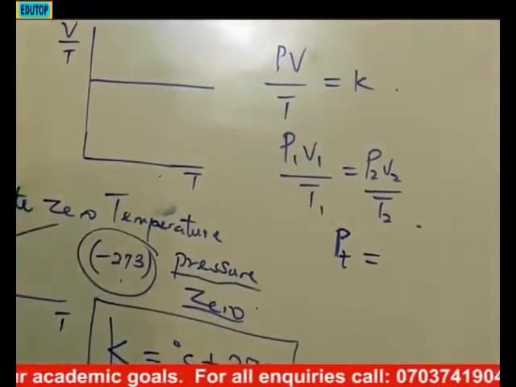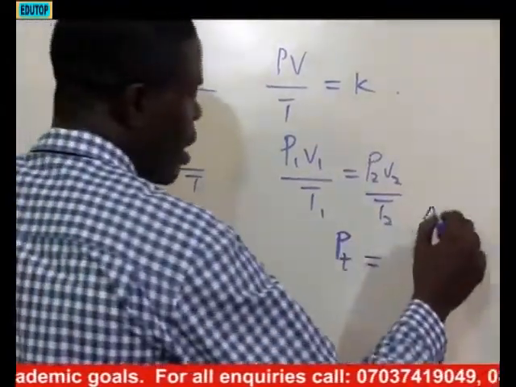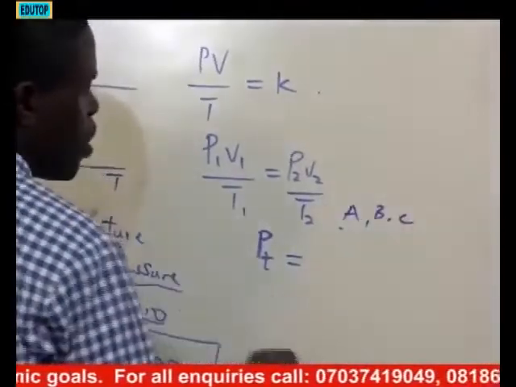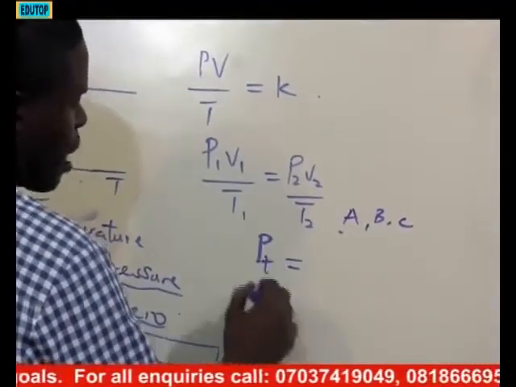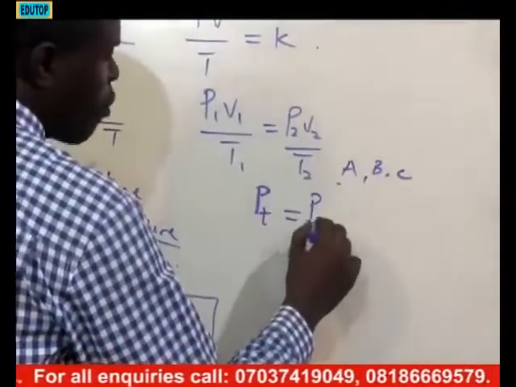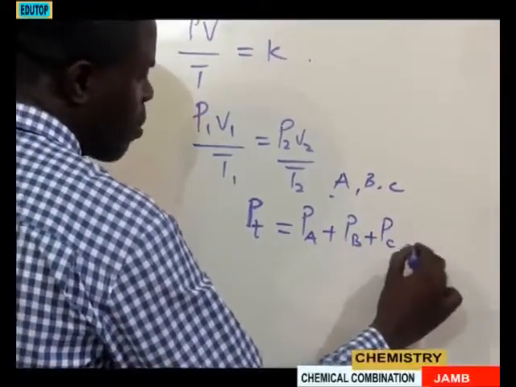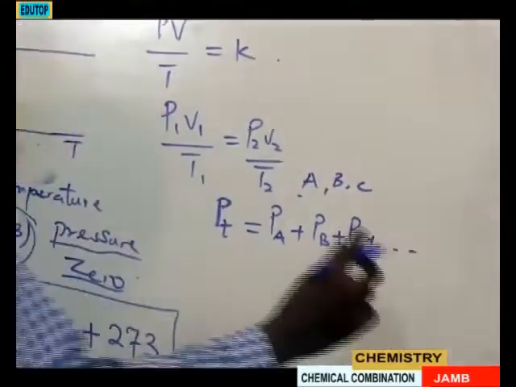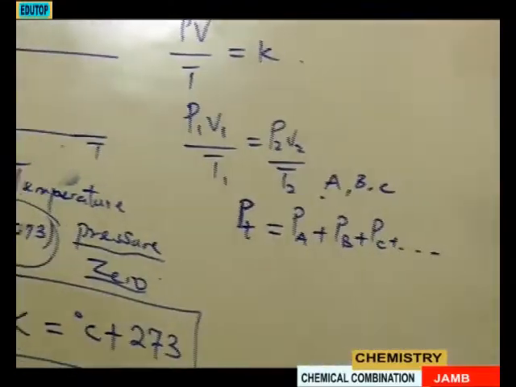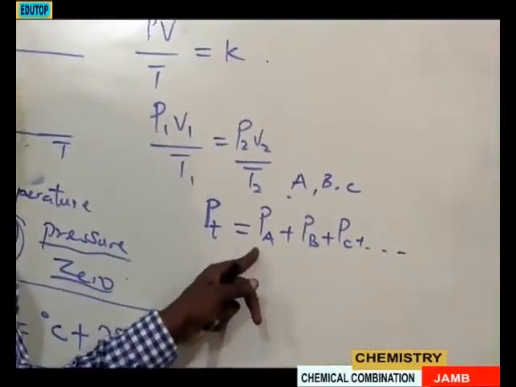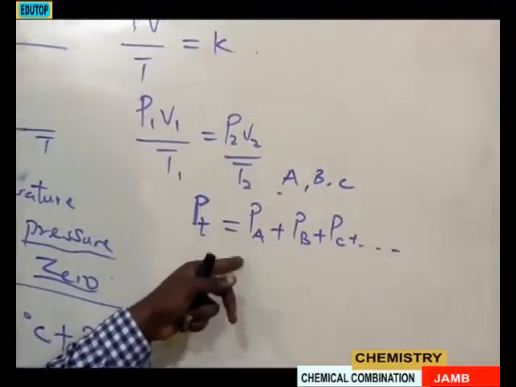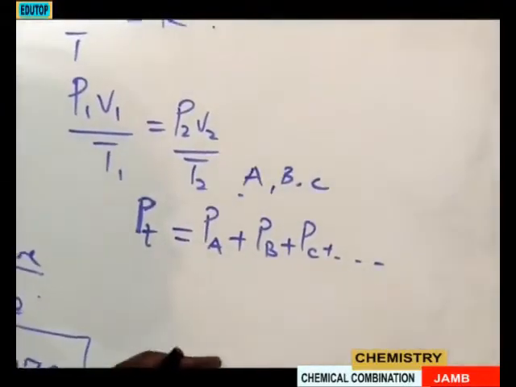So what am I saying? If you have, let's say, A, B, C, the total pressure exerted by the mixture will be the sum of the partial pressures of the individual gases that make up the mixture. So it has a formula like that. When you see a scenario like this, it's talking about Dalton's law of partial pressure.